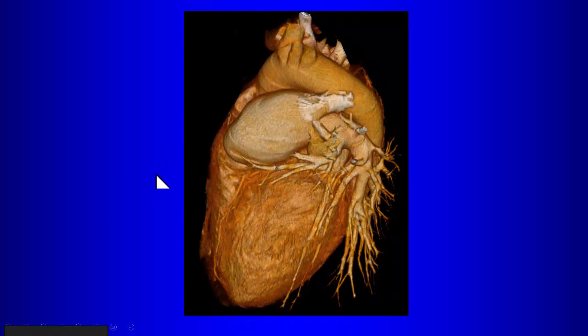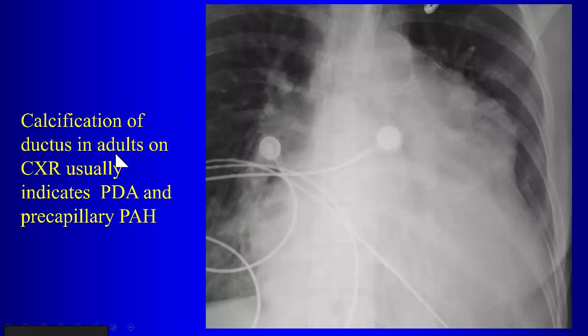So this is calcification along the wall of the patent ductus arteriosus. Remember, calcification of the ligamentum arteriosum is not going to give you pulmonary hypertension, right? Because there it's closed. But if we have pulmonary hypertension, or it looks like we have increased pulmonary blood flow in a patient, and we see calcification along the AP window on a chest radiograph, that might bring up the possibility of a ductus arteriosus, right?